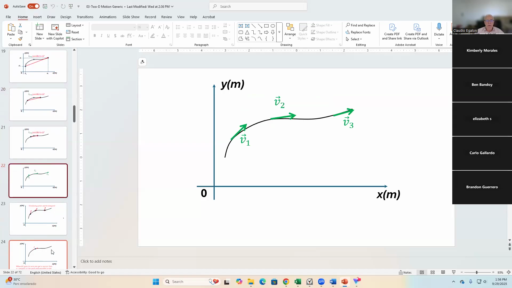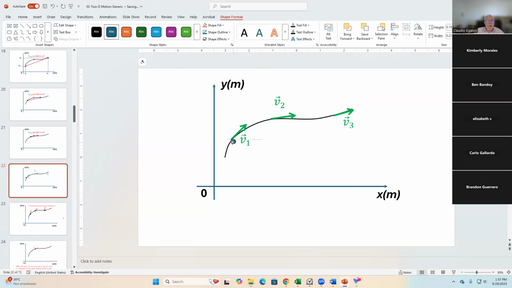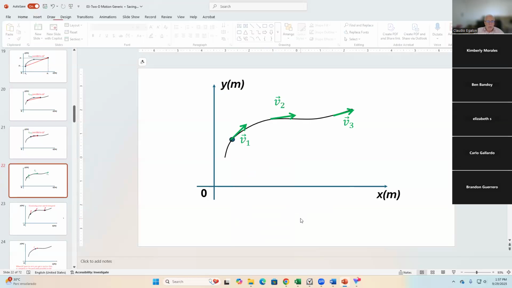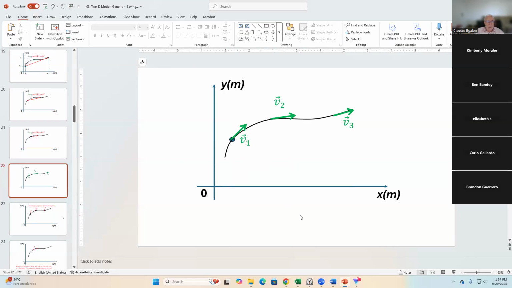V1, V2, here you go, 3 different velocity vectors. There are 2 different ways of illustrating this velocity vector, okay? One way is this one that I like most, okay? Here you go. Here's the instantaneous velocity vector at this point. Let me send it to the back, just to let you know.